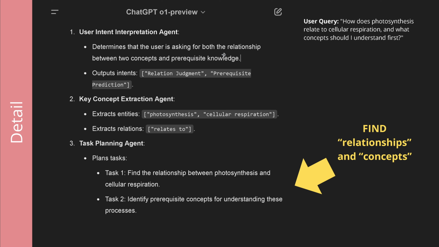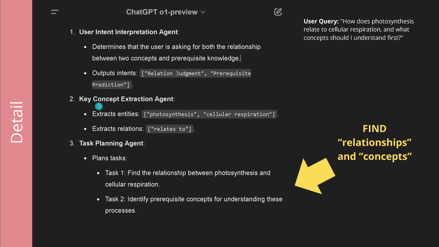And now you might say, now I know where the epsilon surroundings of our topic are coming from. So the output is relationship judgment and prerequisite prediction. This is our interpretation of what the user wants from the AI.